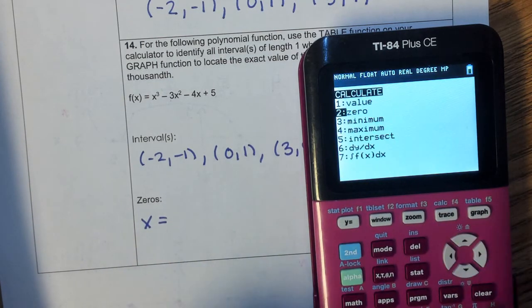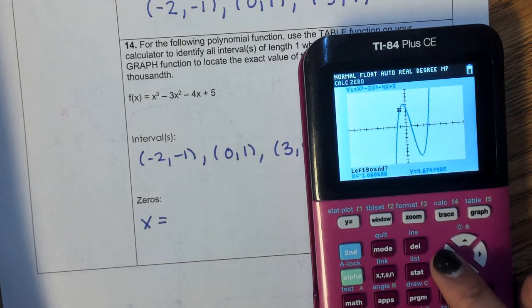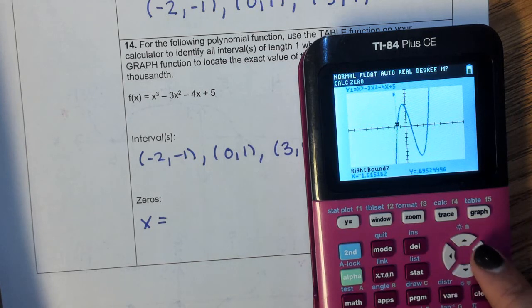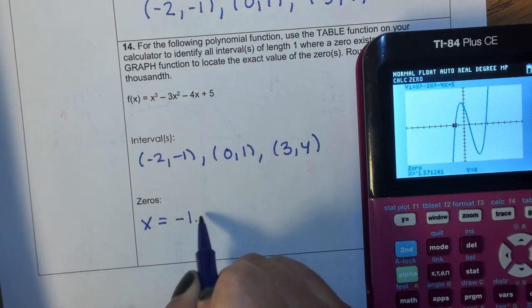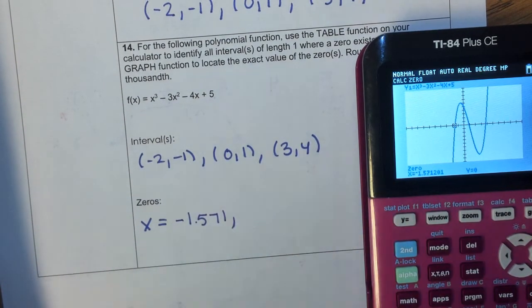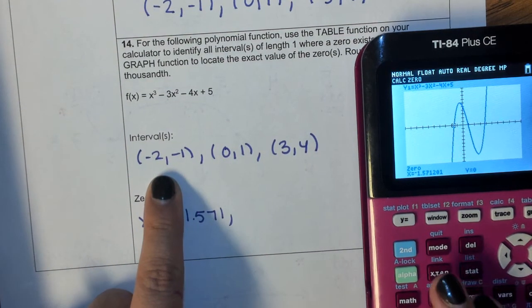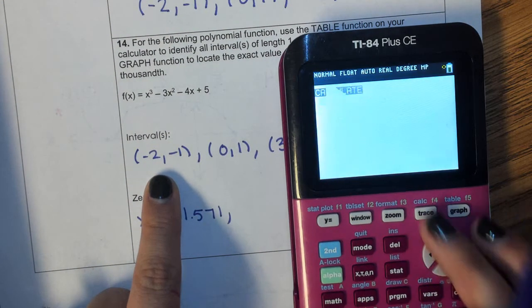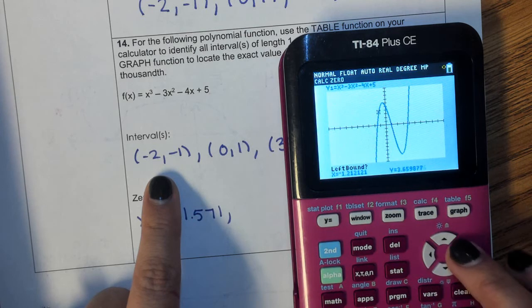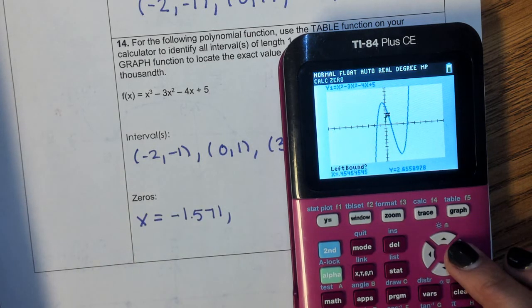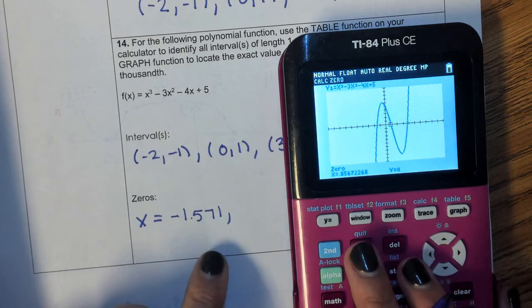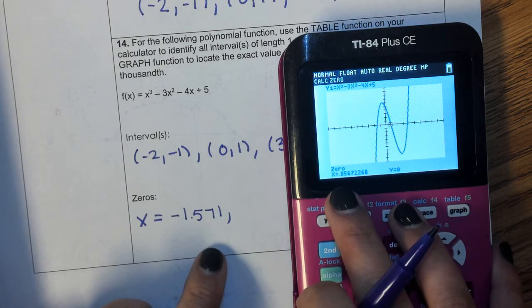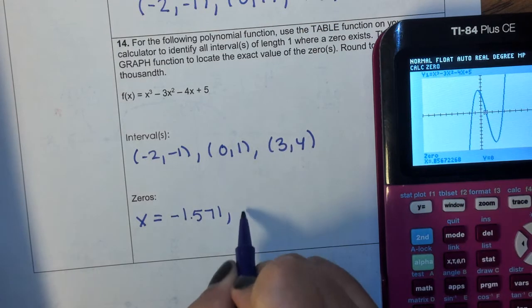So let's calculate our zeros. I'm going to start with the leftmost 0. Okay, and we're going to round to 3 decimal places, so we'll have negative 1.571. That value is definitely between negative 2 and negative 1. And let's find the next one. The next one here I have 0.857.